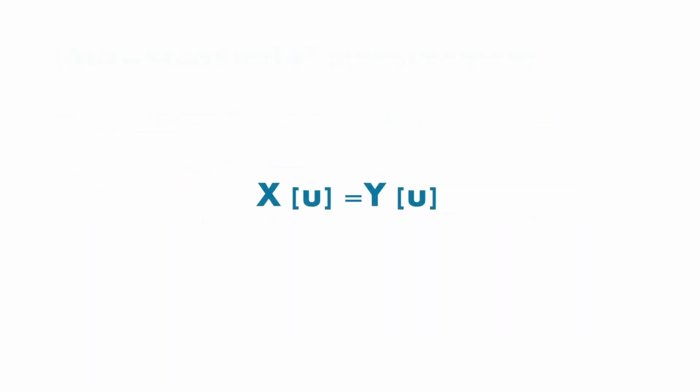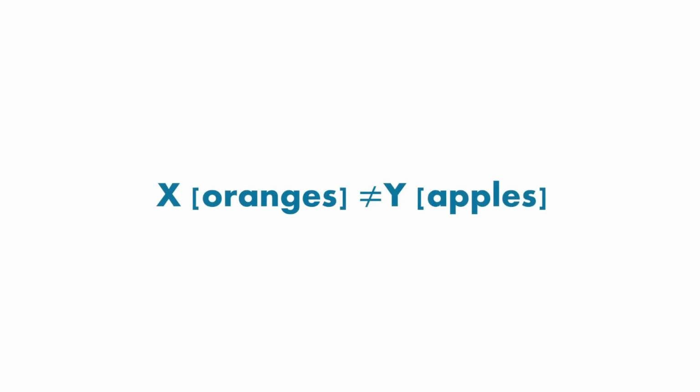Okay, so why are units useful? Units are useful because whenever we have an equation, like in this case, x is equal to y, the units must be the same on both sides, right? So if x has the units of u, then y must have units of u, right? That's the only way they would be the same thing. Because it doesn't really make sense if we have x oranges to say it's equal to y apples, right?